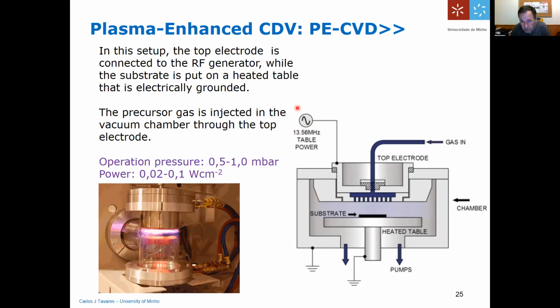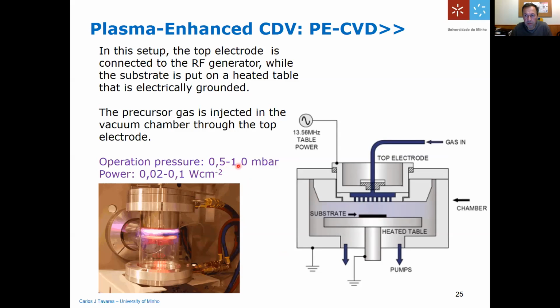And this radio frequency generator will break down the precursor gas which is fed into the system through the reactor. And due to the generation of the plasma, the precursor is broken down and it adsorbs here on the surface of your sample.